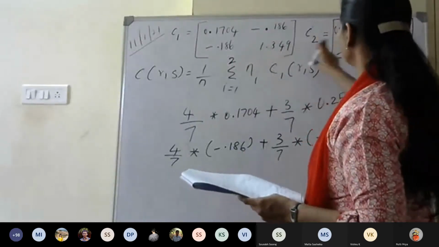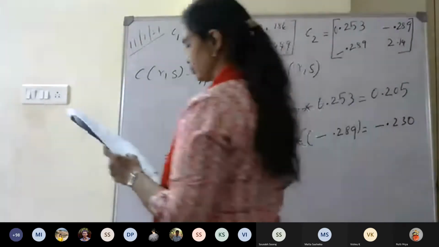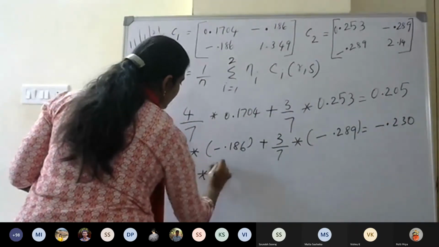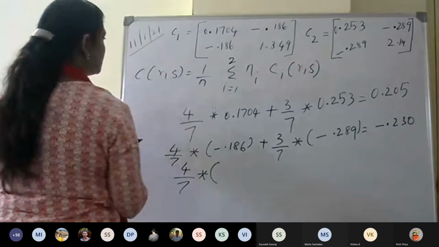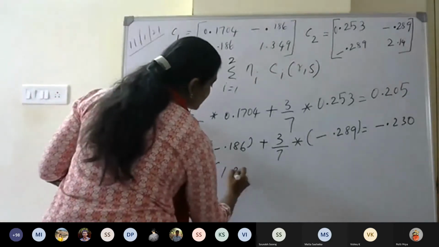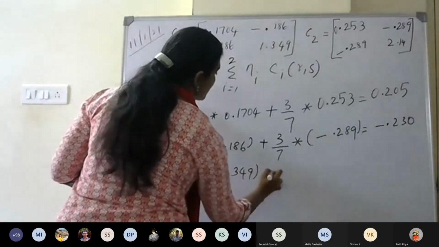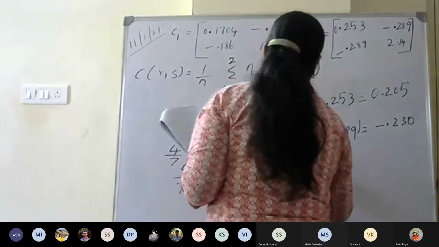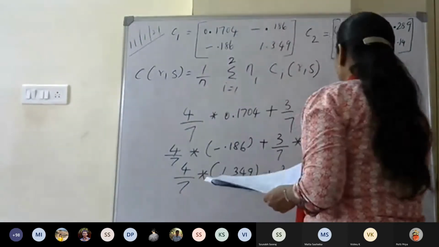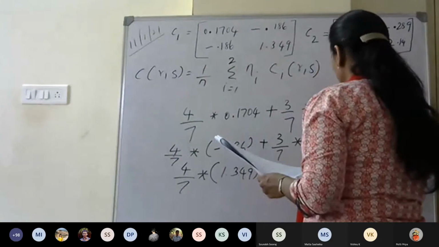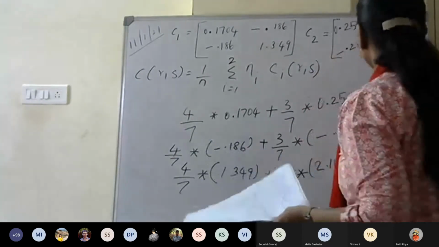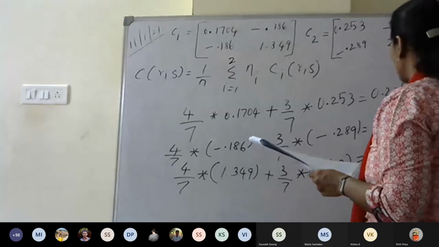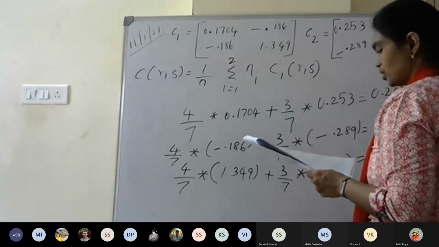So now we'll go for the last element. 4 by 7 into 1.349 plus 3 by 7 into 2.14, as it is mentioned in the link, it is 2.142, and this will give 1.689.